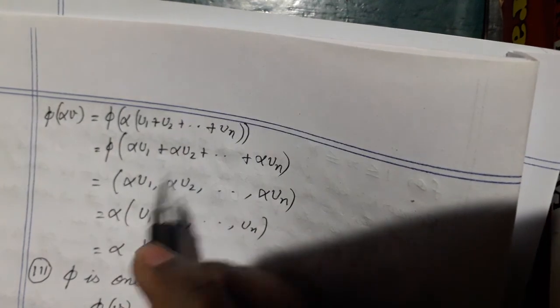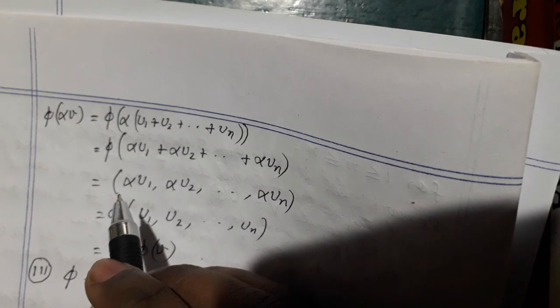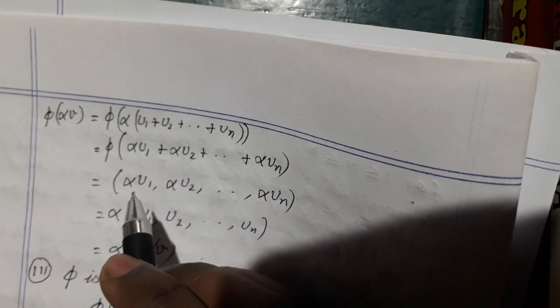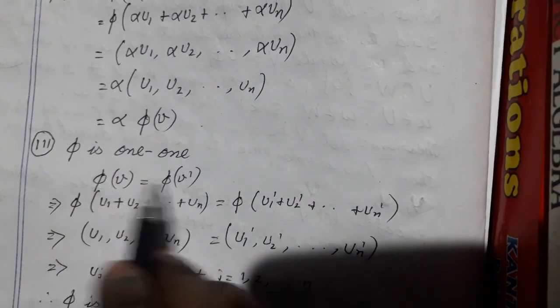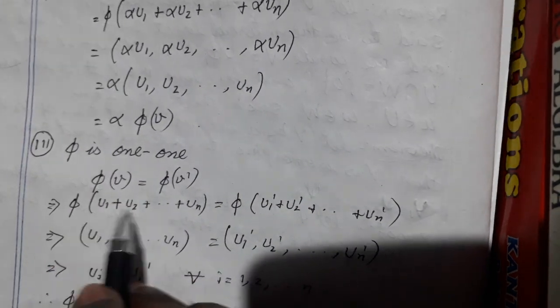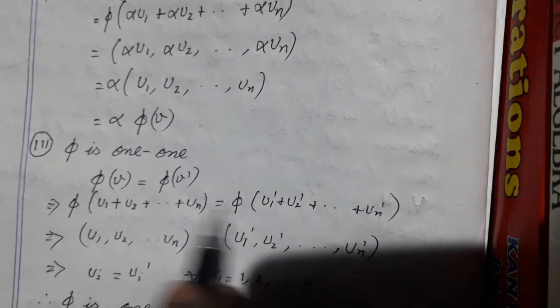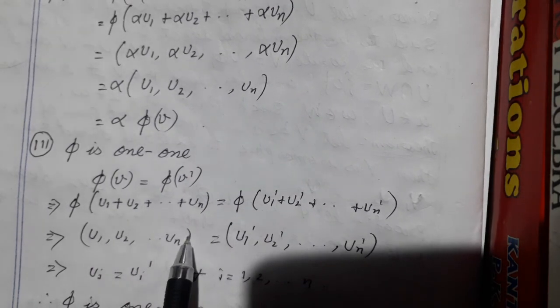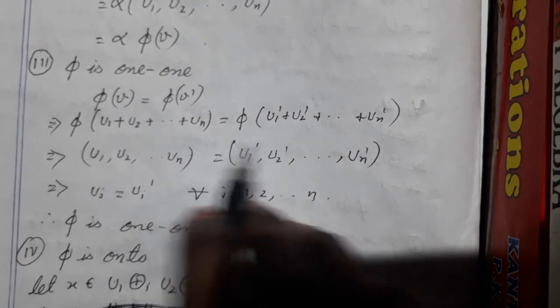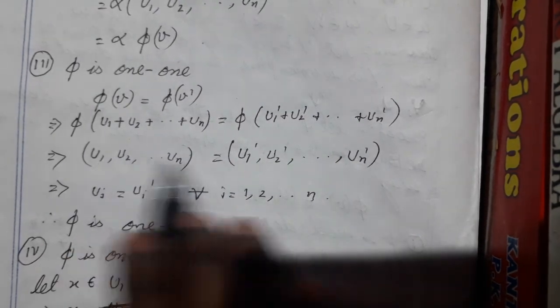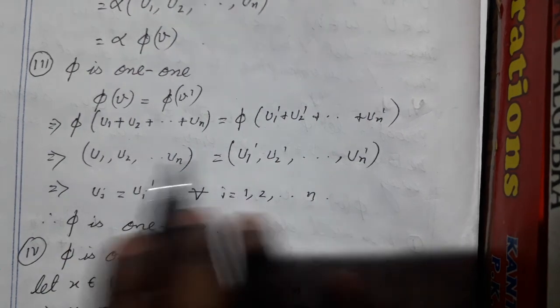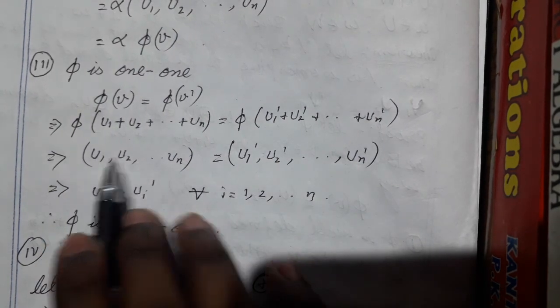So we have shown that it satisfies both conditions of the vector space homomorphism, hence phi is a vector space homomorphism. Next we'll try to show it is 1-1. I take two elements whose images are the same. V is of this type, and if I apply the definition, it will be coordinate wise in this form. Now this is equal to this, which means we have two coordinates that are equal.